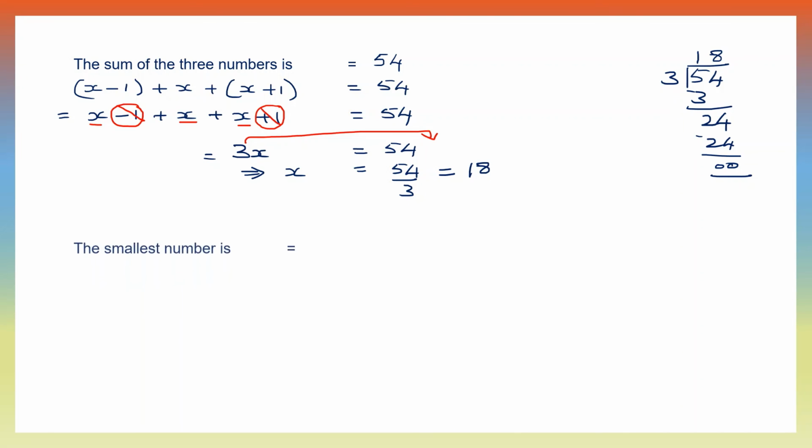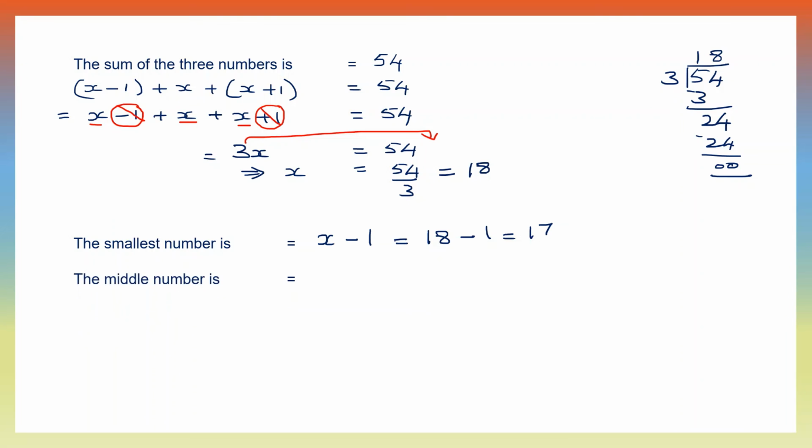Now I can find my numbers. The smallest number is x minus 1. x is 18, so 18 minus 1 is 17. The middle number is x, which is 18. The largest number is x plus 1, that means 18 plus 1, which is 19.